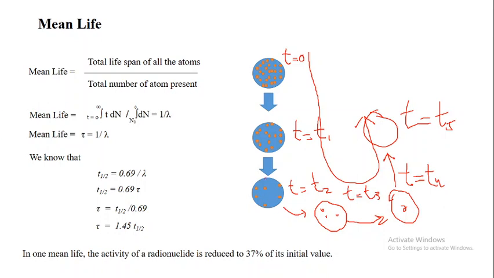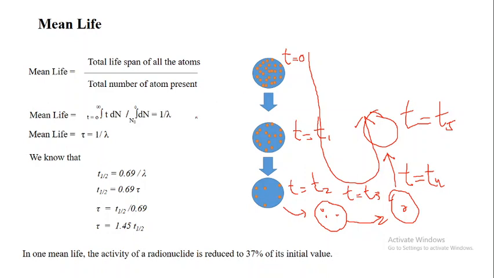How many atoms were present there can be mathematically calculated with the help of a mathematical equation, with dN, like we have studied previously, from time 0 to infinity time, and what change actually occurs in the radionuclides divided by N0, the initial number of radionuclides.